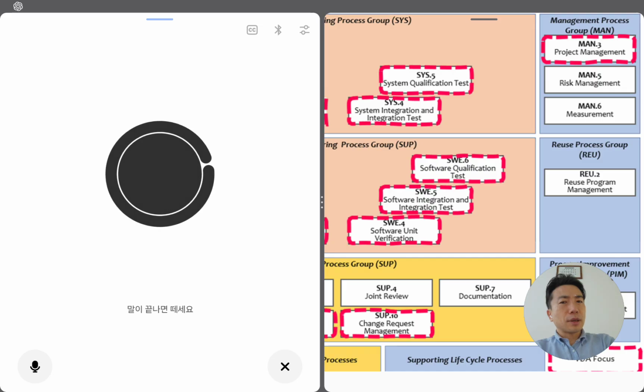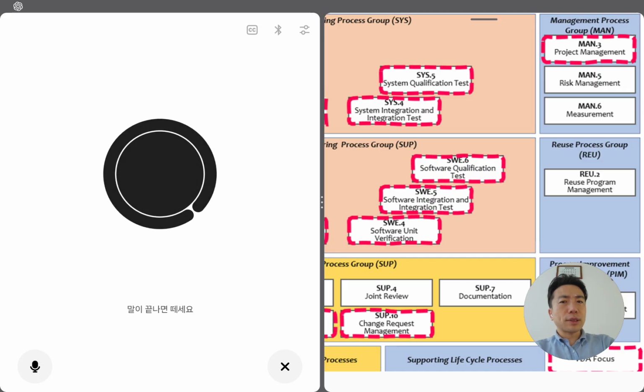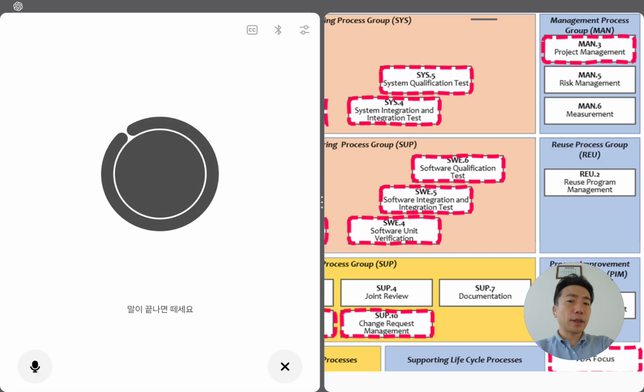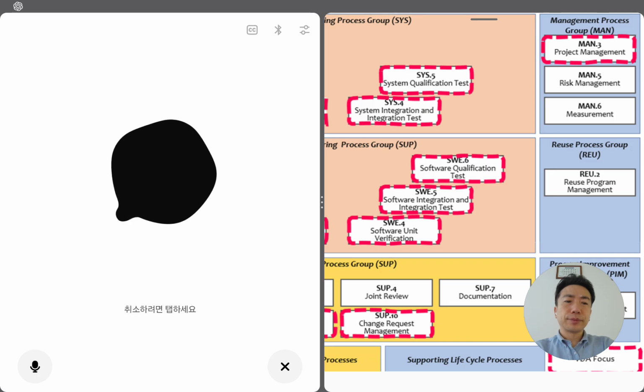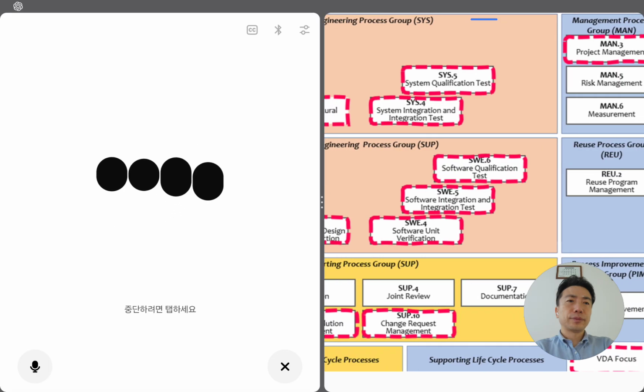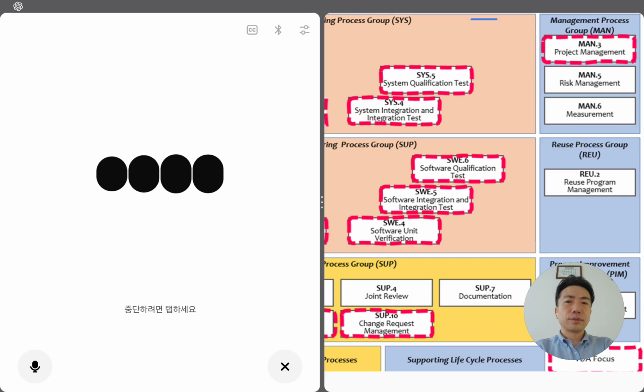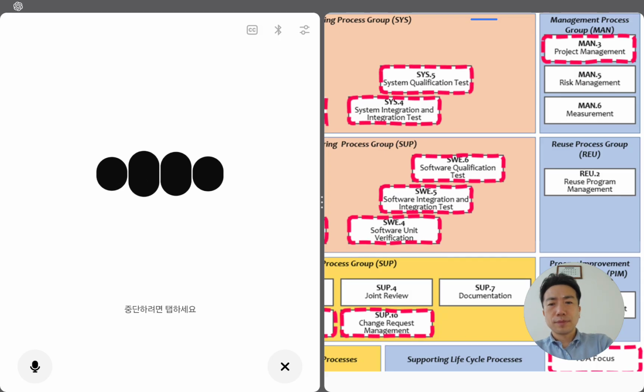No. GPT, I'm just wondering, what's the baseline? Could you please explain what baseline means in this context? In this context, a baseline means a frozen version of your document or data that everyone agrees is the official reference point.